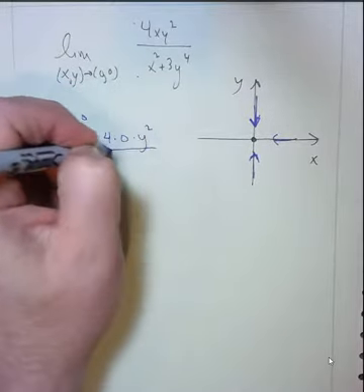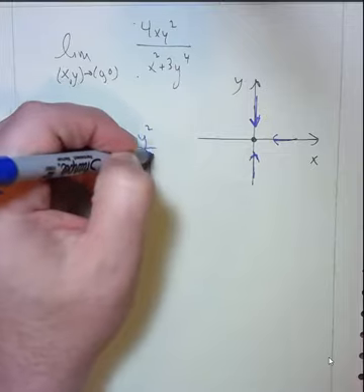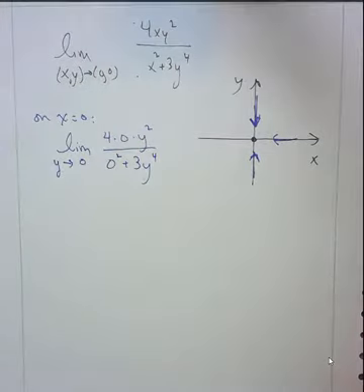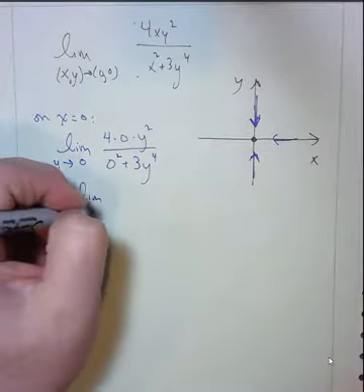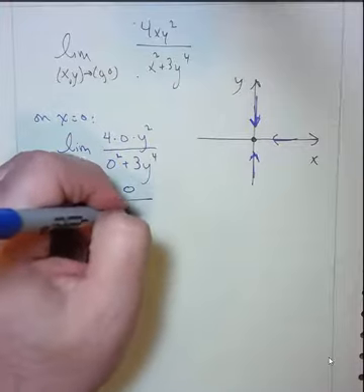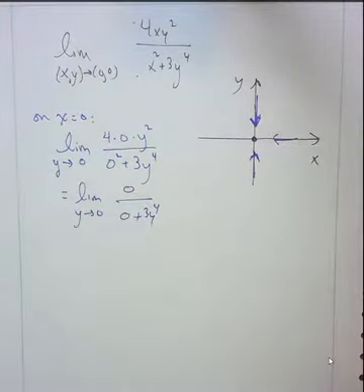And if we're on the path x equals 0, then it doesn't matter what y is, the rest of the function has zeros in place of x's. But notice, that's the limit as y approaches 0 of 0.